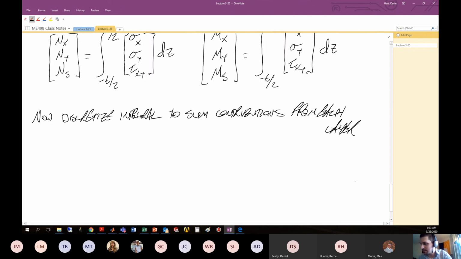And so we can discretize these particular integrals by writing them as the summations of the integrals of each of the individual layers. Okay, so we discretize this here, and now we write something like the force per unit length in X, the force per unit length in Y, and the force per unit length of shear equal to, now we're going to sum from K equals 1, the first layer, to N, which is however many layers we have in our laminate.